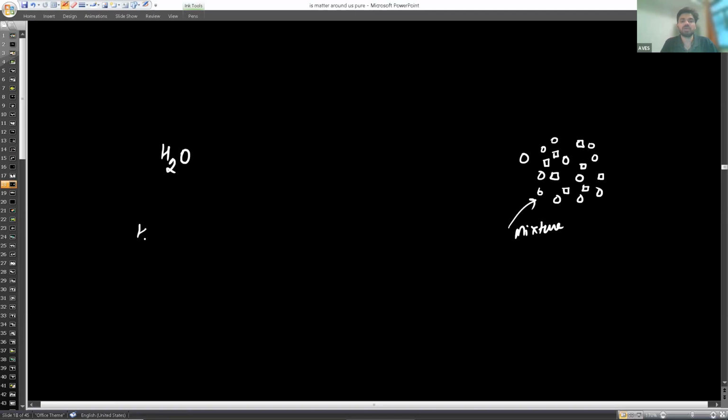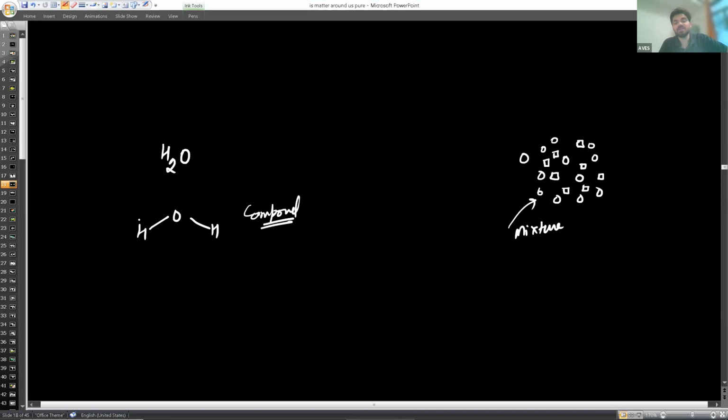In H2O, the two hydrogen atoms chemically combine with the oxygen atom, so we say that it is a compound, and the sugar solution is a mixture. So what is the difference between mixtures and a compound?